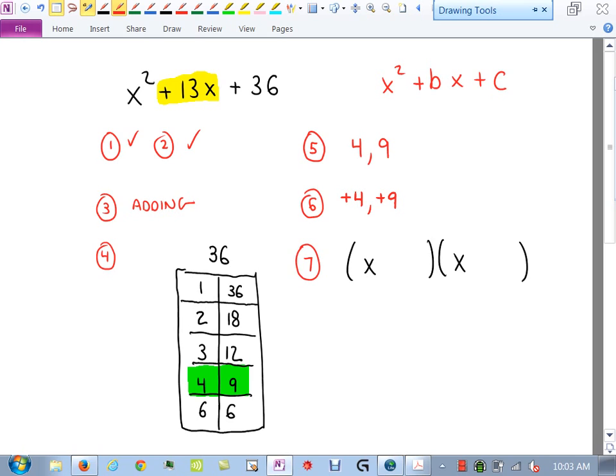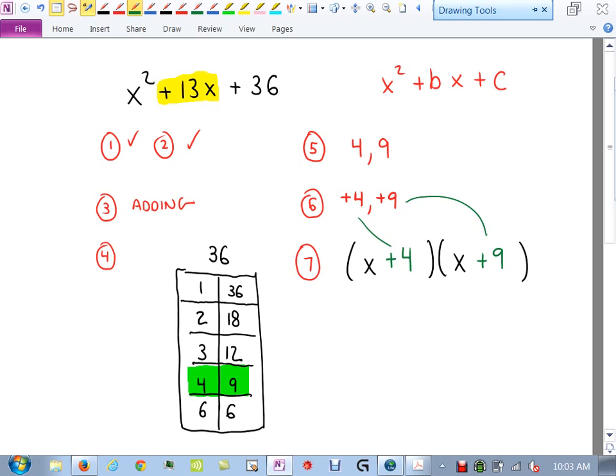And then on this step, we just take those and put them here and here. So it'll be x plus 4 times x plus 9. And that's our answer.